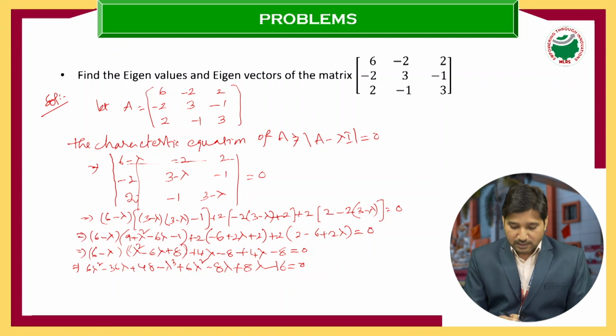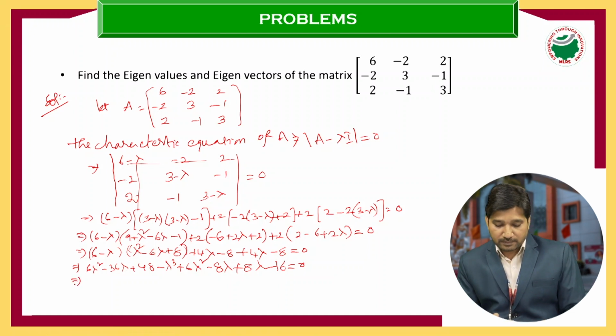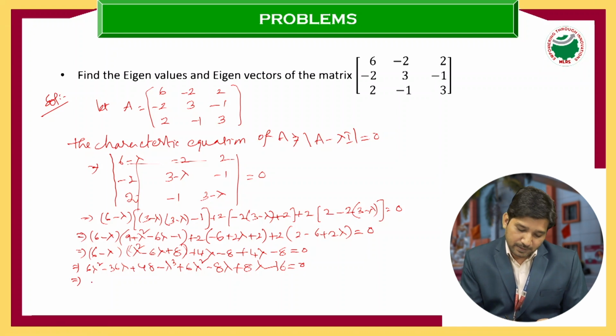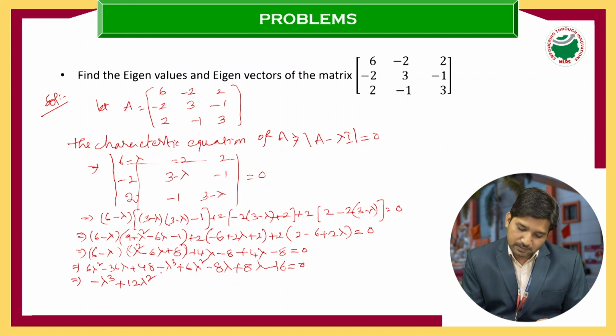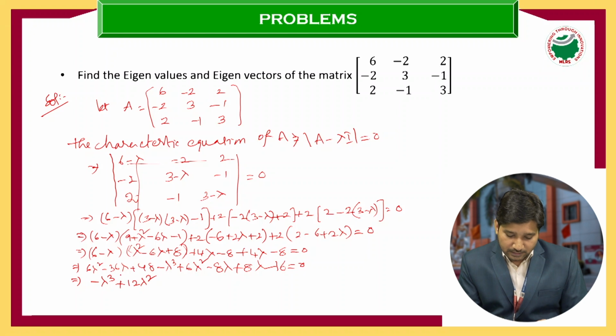After simplifying, we get minus lambda cube, and 6 lambda square plus 6 lambda square plus 12 lambda square. For the lambdas, minus 36 lambda, 8 lambda plus 8 lambda minus 8 lambda cancel, and the remaining part is minus 36 lambda.